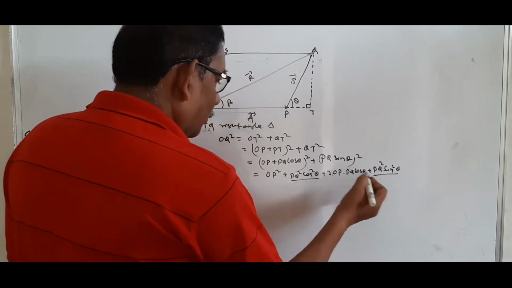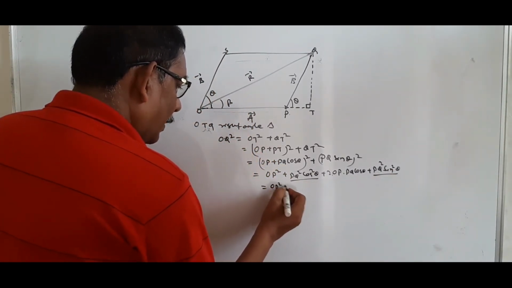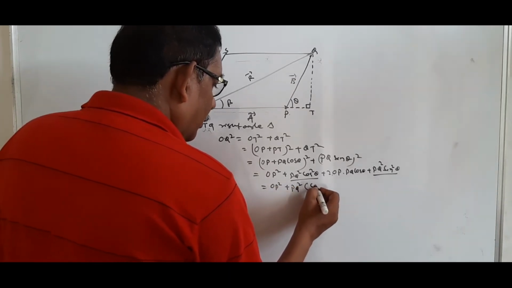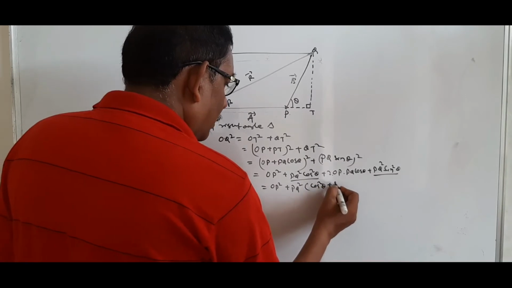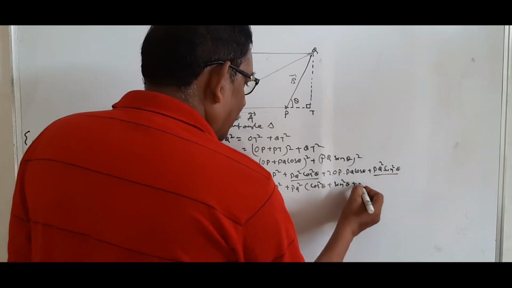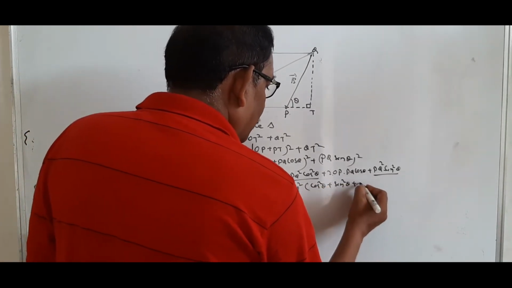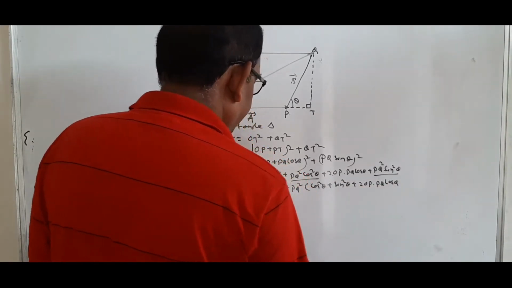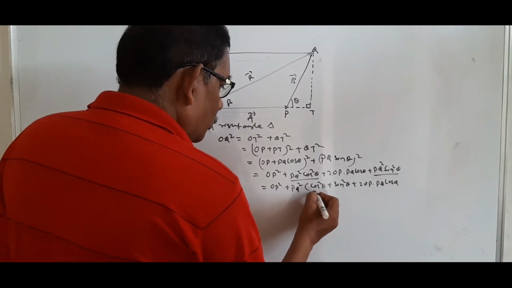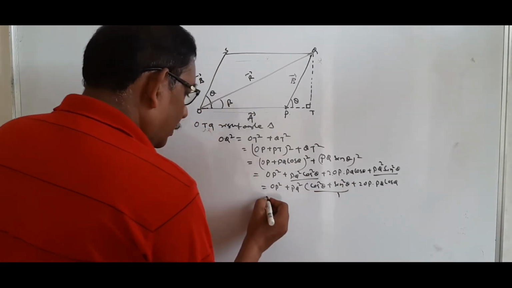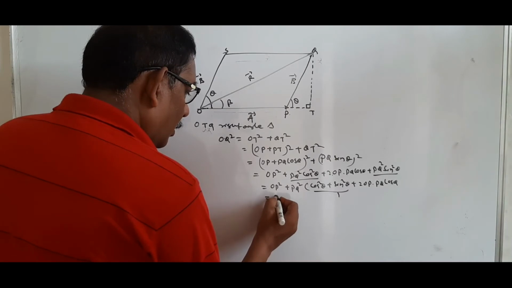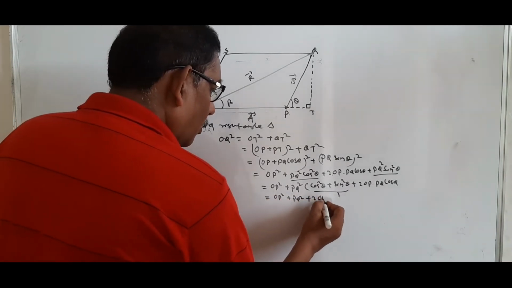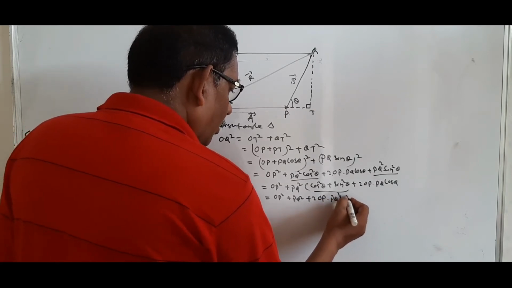Keeping these two terms at one place by taking PQ square common, it is cos square theta plus sin square theta, plus 2 OP PQ cos theta. You know that cos square plus sin square equal to 1. So now OP square plus PQ square plus 2 OP PQ cos theta.